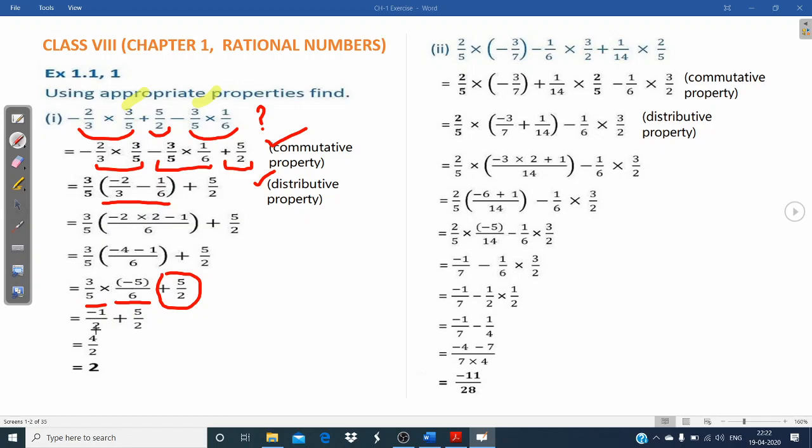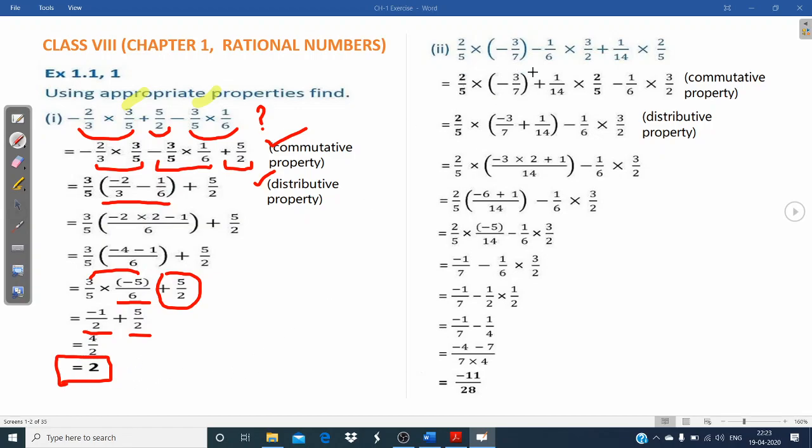So you will get minus 1 by 2, plus 5 by 2. Next, we add them, and since the denominator is the same, 2 will be there, and after solving you will get 4 by 2, which means 2. So your final answer is 2.